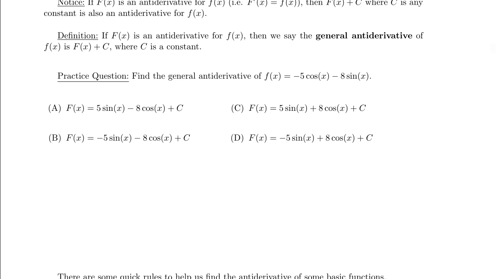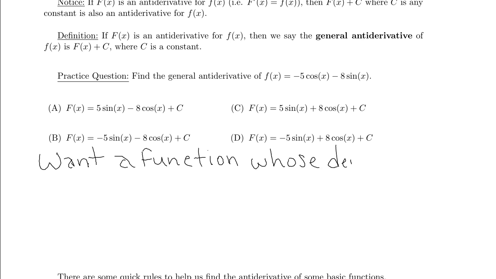We want a function whose derivative is this little f of x. So we want the derivative to be -5 cosine of x minus 8 sine x.